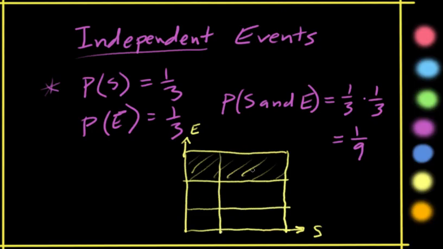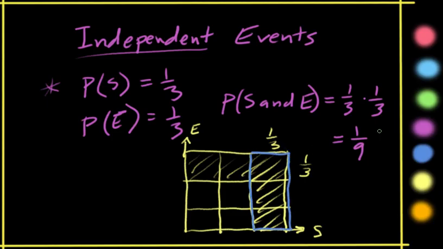I can split Sam's score up into 3 sections, and the top third of Sam's, he gets an A, right? So this is 1/3 of the time Sam gets an A, 1/3 of the time Ellie gets an A. And maybe just to separate those, just to make that clear, this might be the 1/3 where Sam gets an A, right? And this might be the 1/3 where Ellie gets an A.